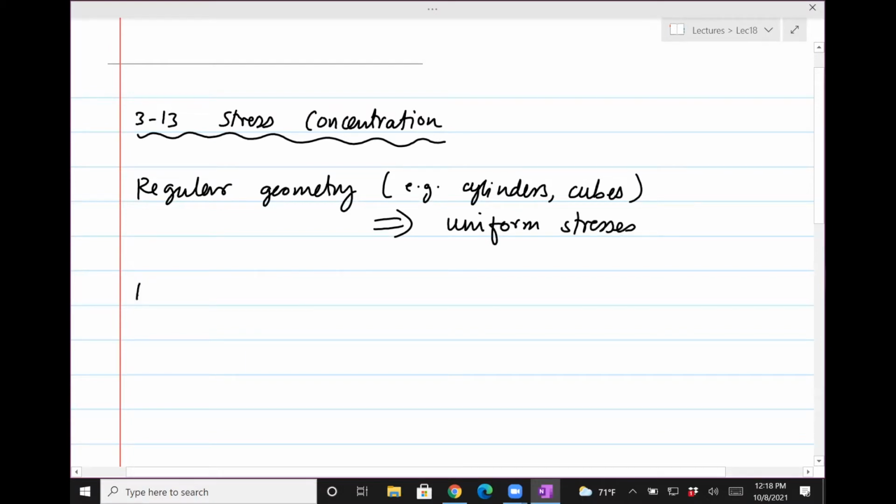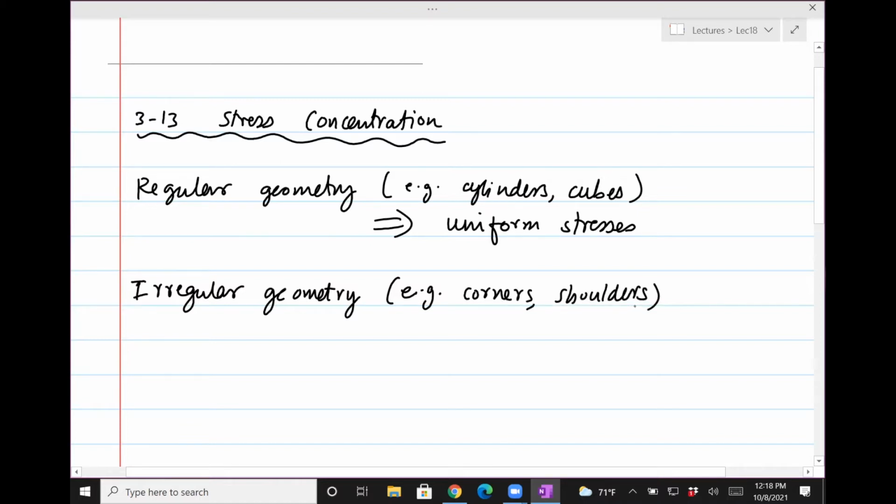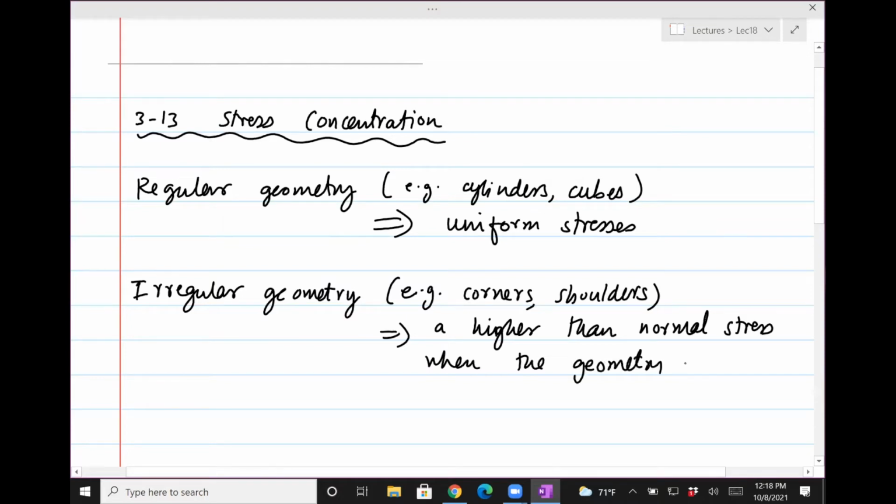The moment you have irregular geometry, due to corners, shoulders, you would have a higher stress, so higher than normal stress, when the geometry changes.